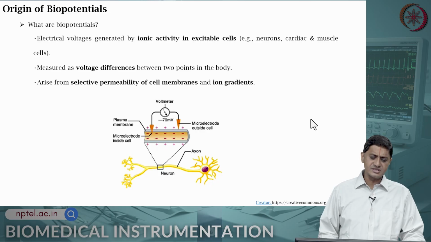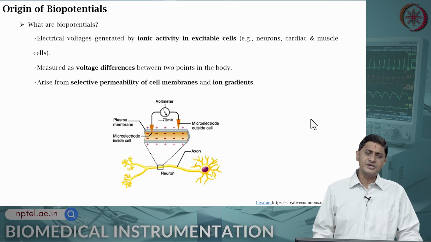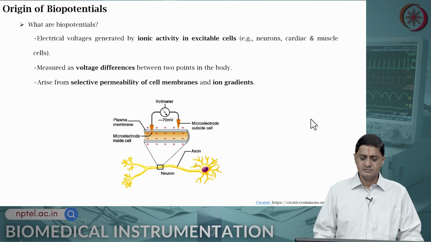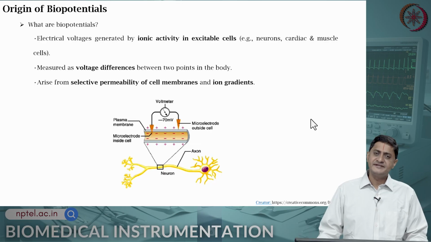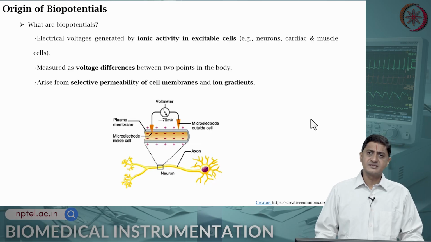So, what are biopotentials? These are potentials or electric voltages that are generated by ionic activity in excitable cells. What are excitable cells? Those cells that maintain a steady potential difference across their plasma membrane are called excitable cells. These are neurons, muscles.